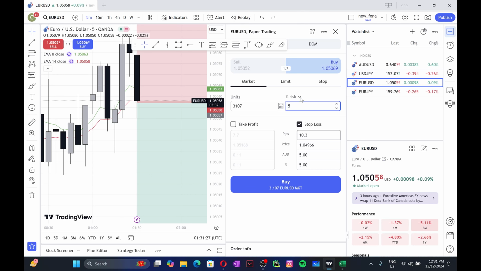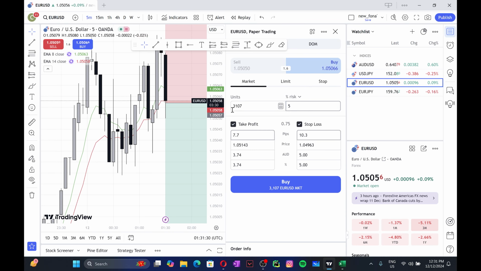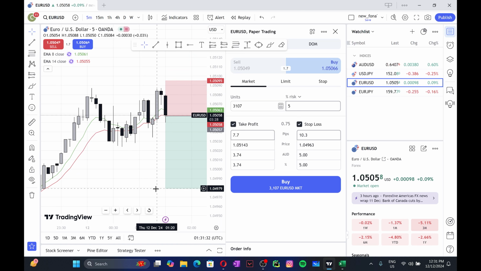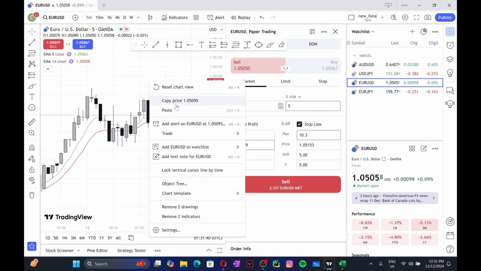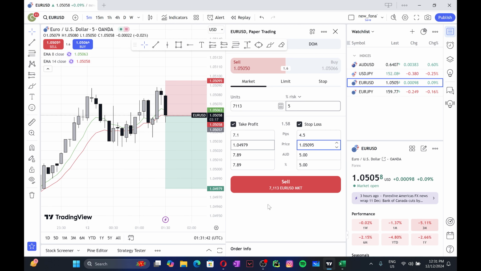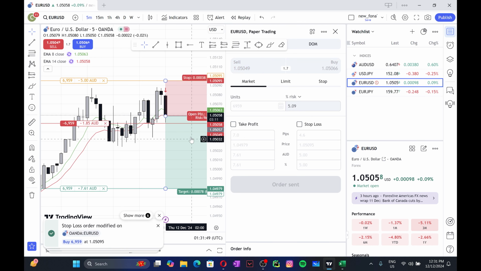I'm going to have 5% of risk. I'm going to have my take profit. Let me just put it down in the box. It's going to be my take profit. Let's see, it's a sell. It's going to be my take profit, and my stop loss would be that. And let's click on sell and hope that you're going to have nice profits.